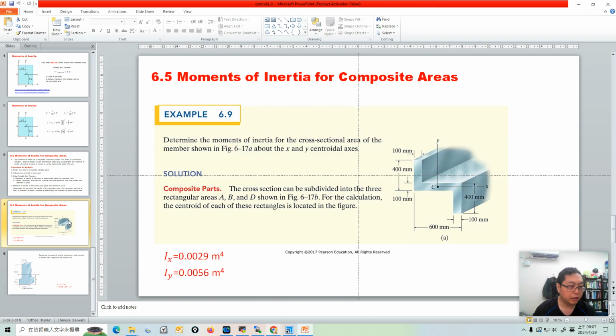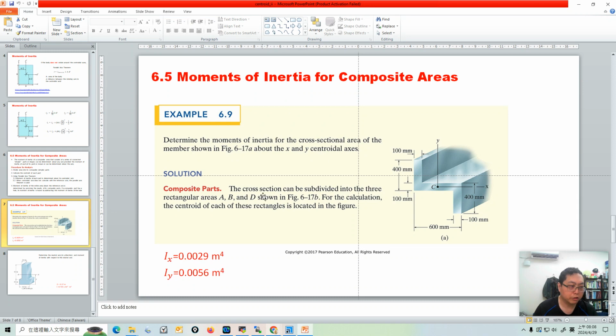In the previous example, we calculated the moment of inertia of a composite area, and the problem already told you which axis to use. You calculate the moment of inertia on the base of the given axis. Simply speaking, the problem tells you which axis you are going to calculate.